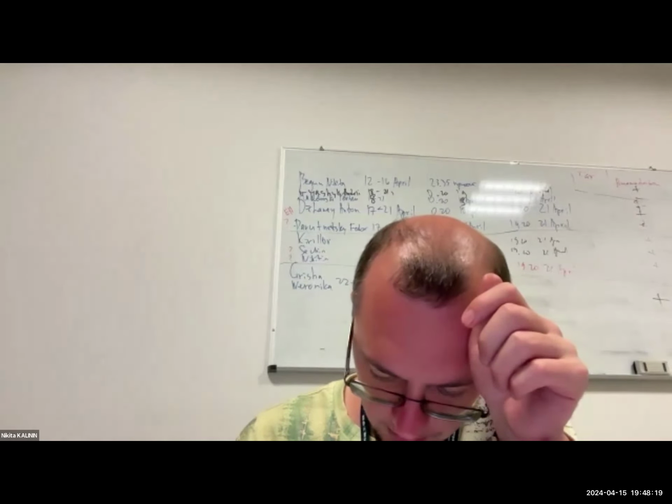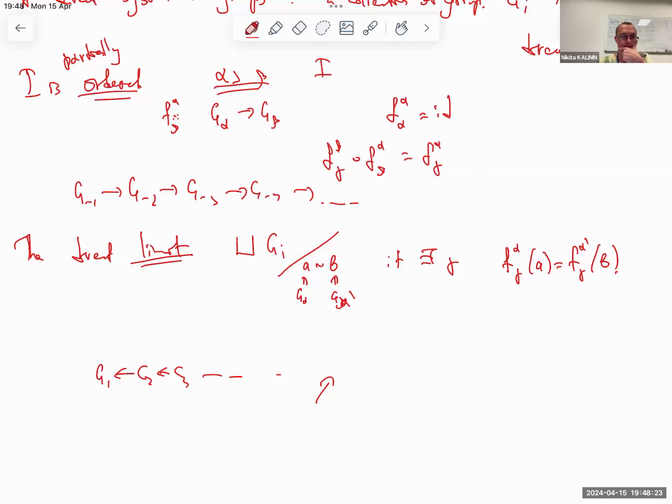No, as far as I remember, the difference was a bit more subtle. So it should not depend only on the direction. Okay, let's try to think. So you say that the p-adic numbers are usually called the inverse limit, right? Yes. P-adic numbers are called the inverse limit.